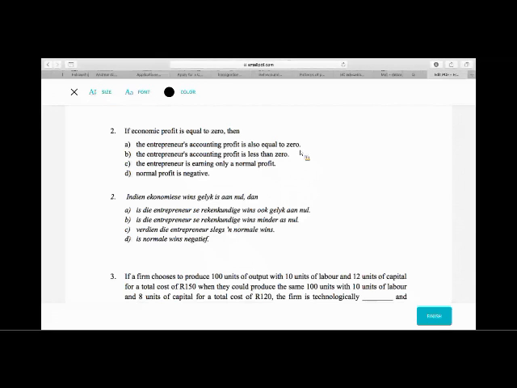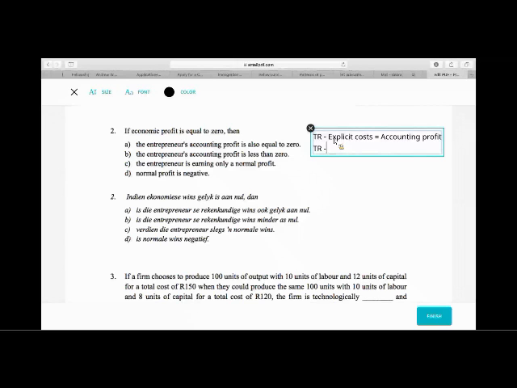So the difference between these three things comes down to which costs you are accounting for in your profit calculation. If you take total revenue minus only your explicit costs, you will end up with accounting profit.